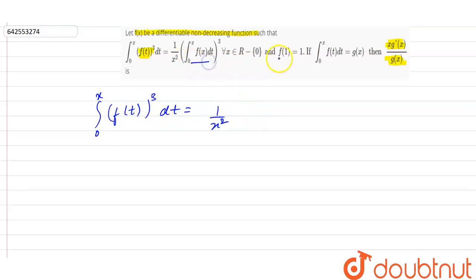We have this value, and this value is given as g(x), so we can write it as (g(x))^3.